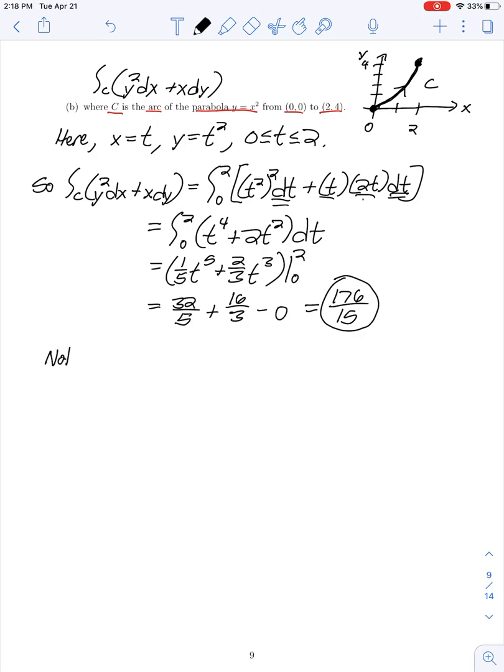So maybe as a note here, this is different from the result that we had in part A. So just because a curve connects the same 2 endpoints does not necessarily mean that the line integral will give us the same value. Now there are certain conditions where that will be true, and we'll see those conditions a little bit later in chapter 6 when we talk about line integrals of vector fields.